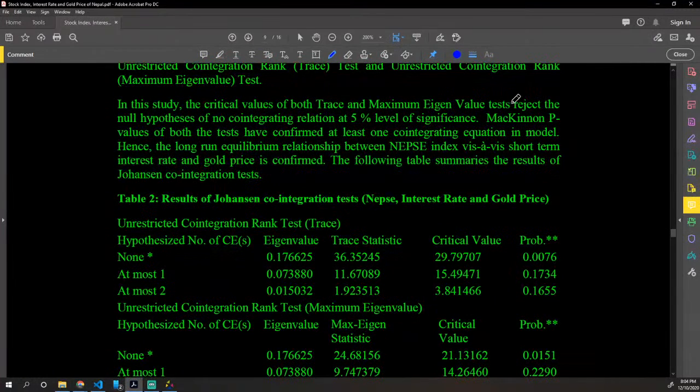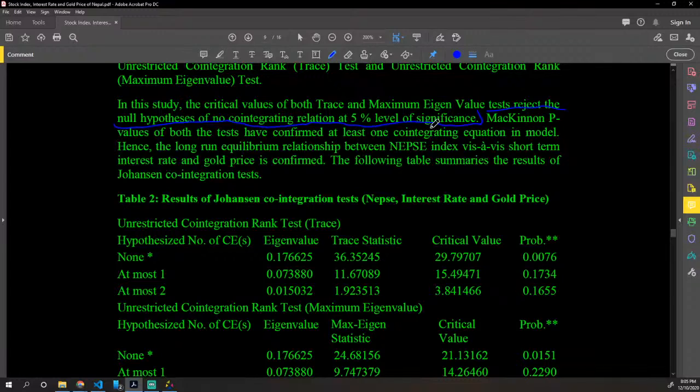Okay, that's important. It rejects the null hypothesis that there is no co-integrating relation at 5% level of significance, right? To reject that means there is a relationship.